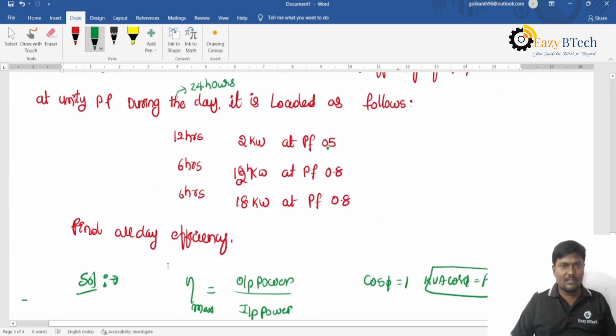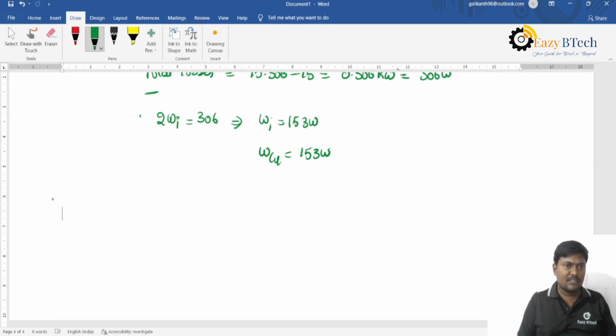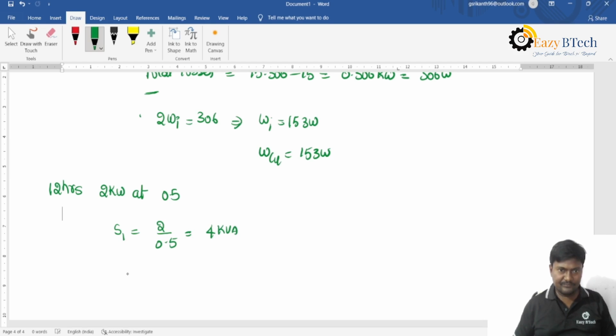Coming to our all day efficiency: 12 hours, 2 kilowatts at a power factor of 0.5. So S1 you can calculate as 2 divided by 0.5, which is 4 kVA.